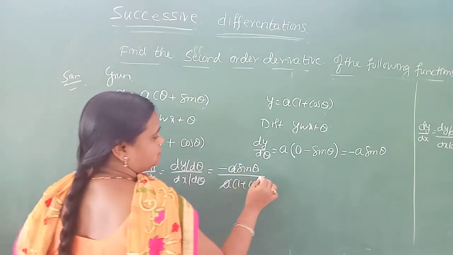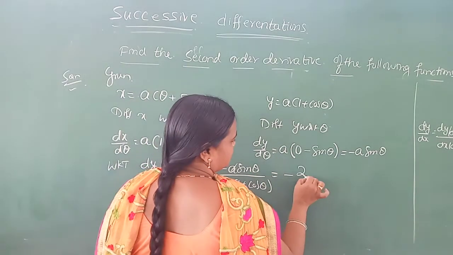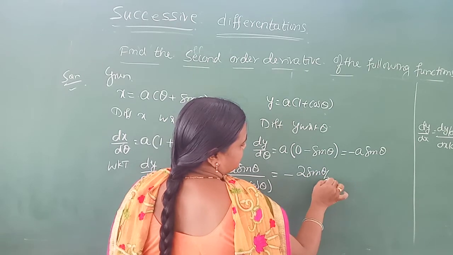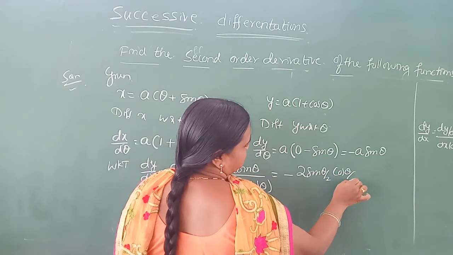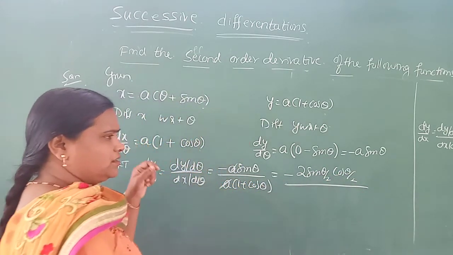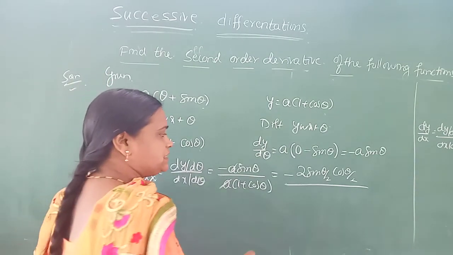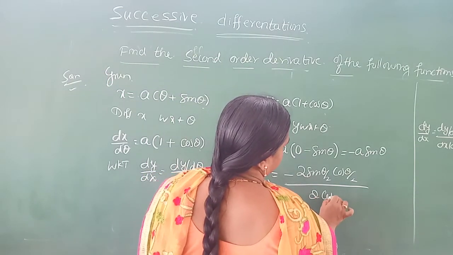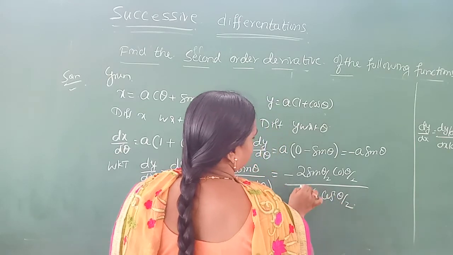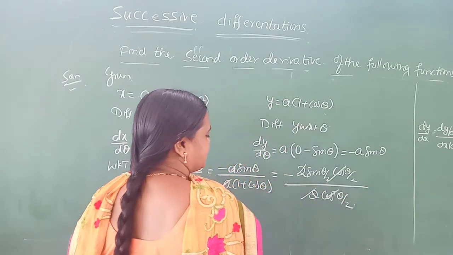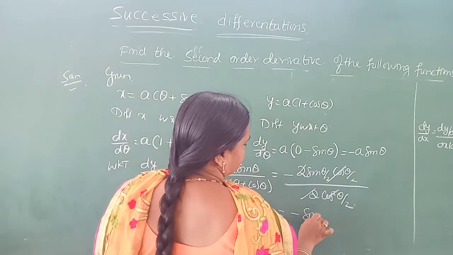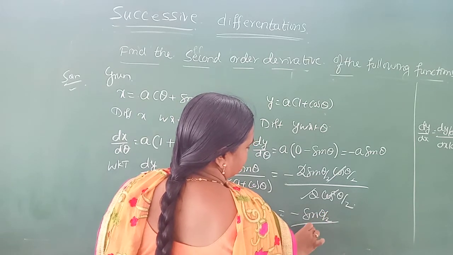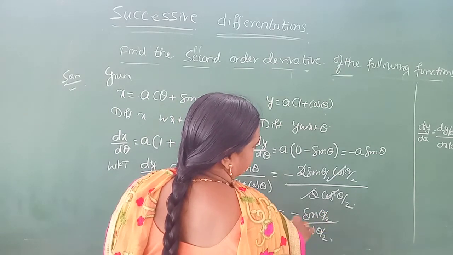A cancels, we get minus sin theta, which can be written as 2 sin theta by 2 cos theta by 2, divided by 1 plus cos theta, which is 2 cos square theta by 2. The 2 and one cos get cancelled, left with minus sin theta by 2 divided by cos theta by 2.